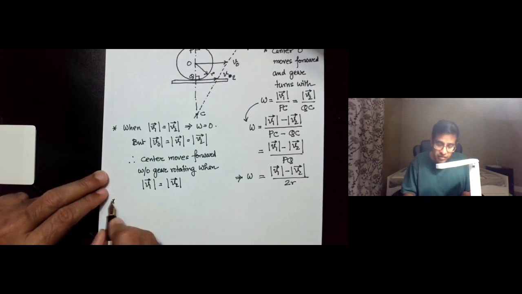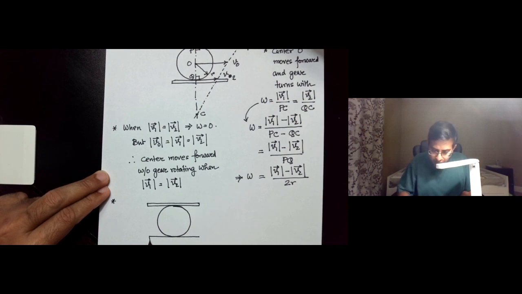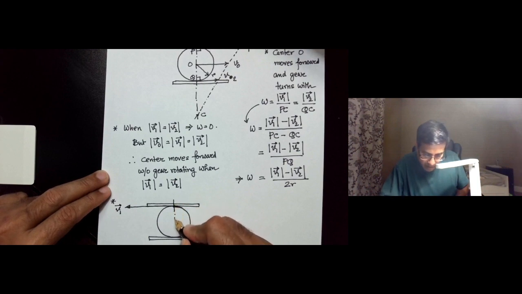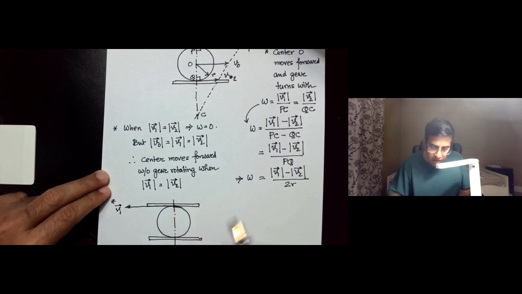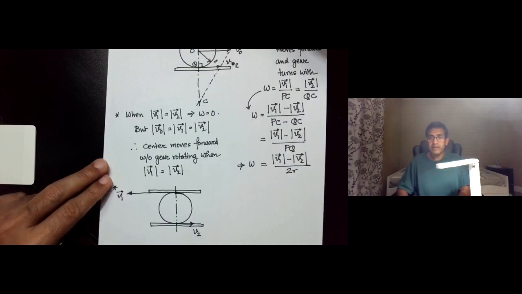Now another, related case is when you still have the same setup, but let's say this point is given a velocity v1 here, in the opposite direction, and this point is given a velocity v2 like this.